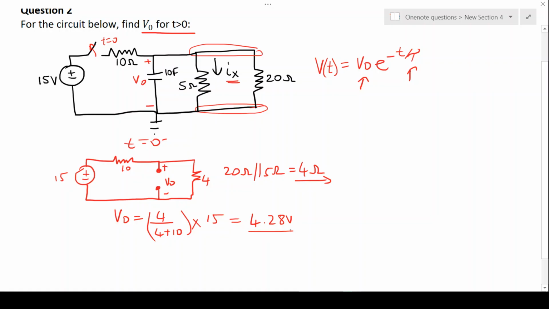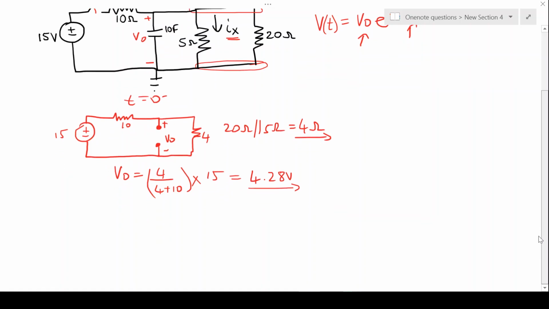So the initial voltage is equal to 4.28 volts.